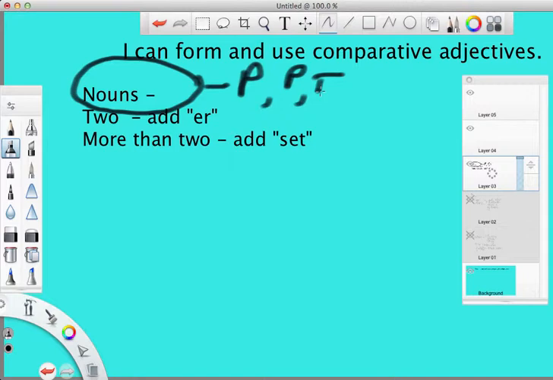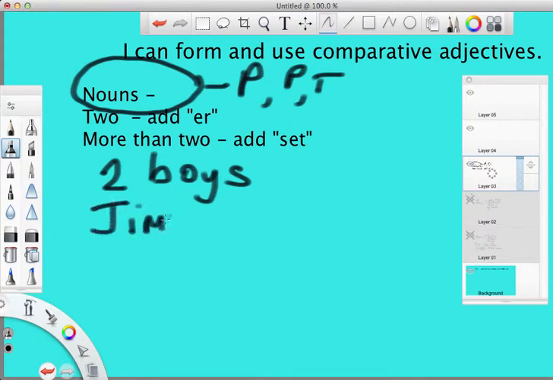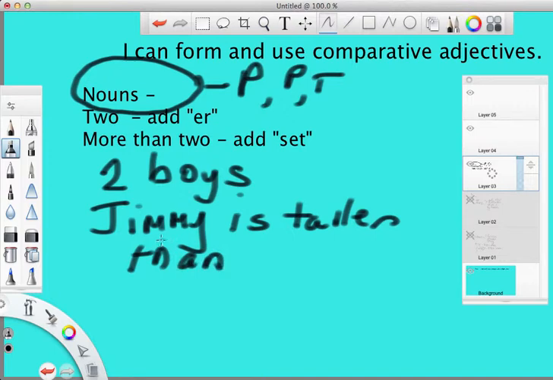When we compare two things, let's just say that we've got two boys. You would say that Jimmy is taller than Sam.